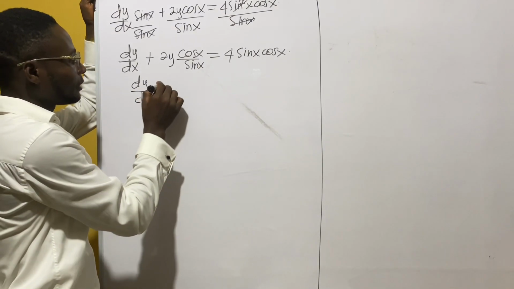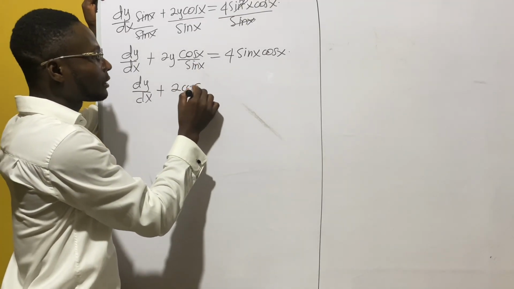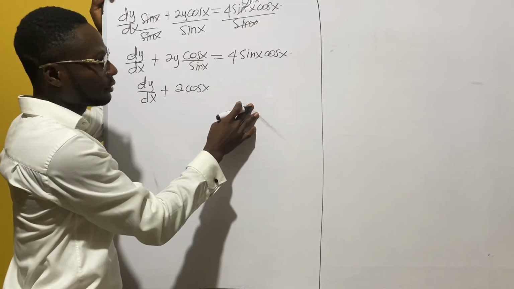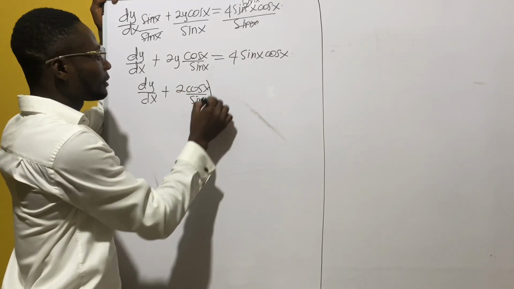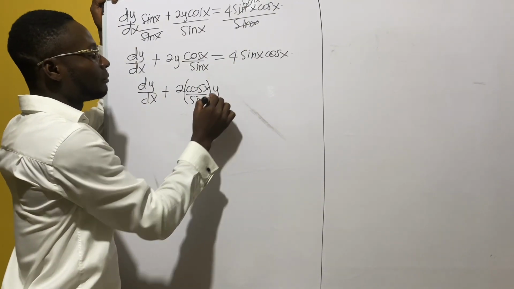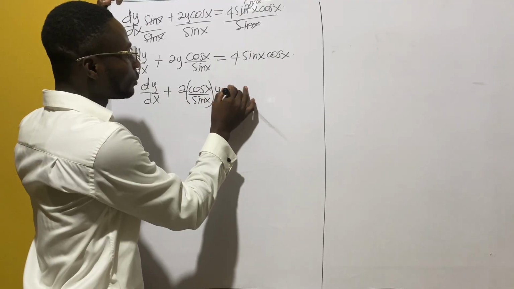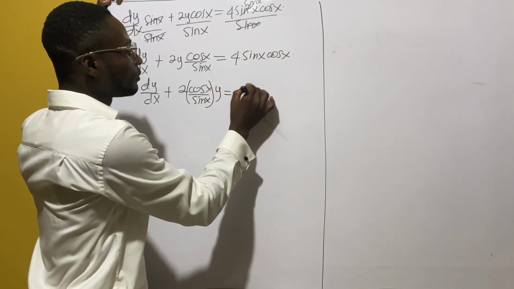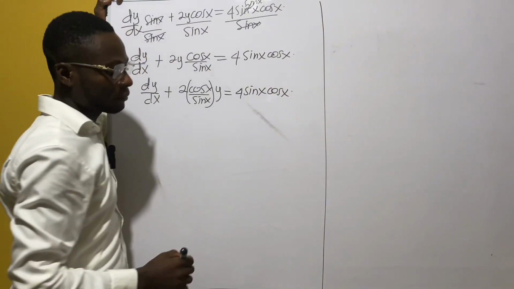We can say that this is the same as 2 cos x over sine x, all multiplied by y, equal to 4 sine x cos x.